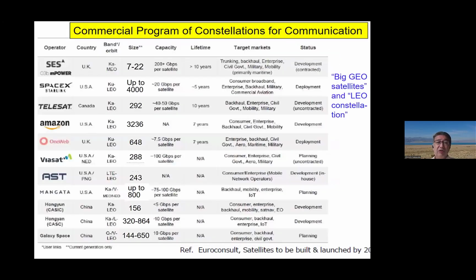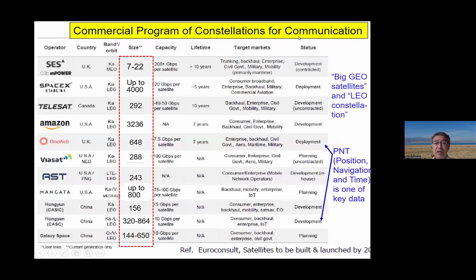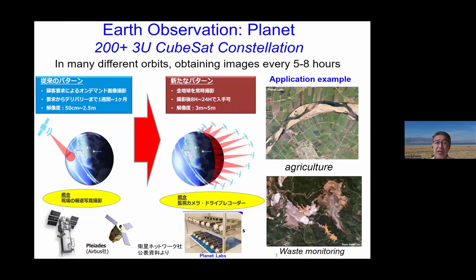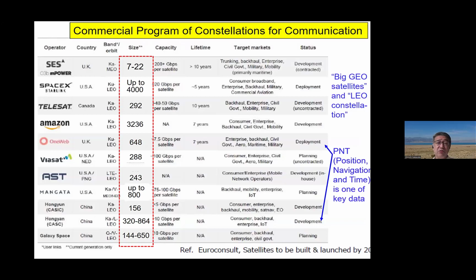Not just Starlink, but many other companies are now targeting communication-type satellite constellations. Currently, big GEO, geosynchronous satellites and LEO constellation satellites coexist. And some satellites have PNT, position, navigation, and time information. So many large constellations of communication satellites are appearing.